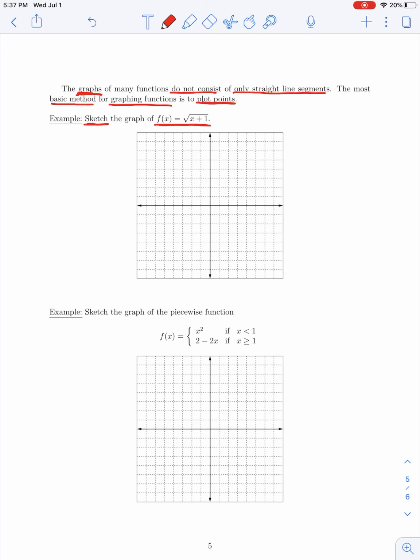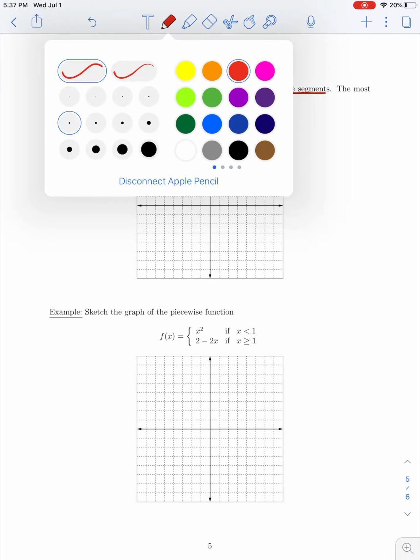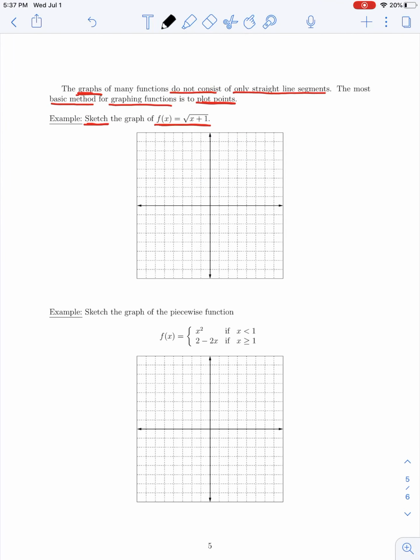So let's think about where this function is defined even. In order for this function to be defined as a real number, we know that the expression under the square root has to be non-negative. So that means that the values of x have to be at least -1 for this function to be defined.